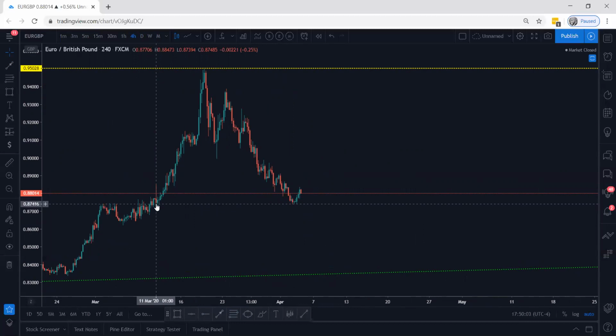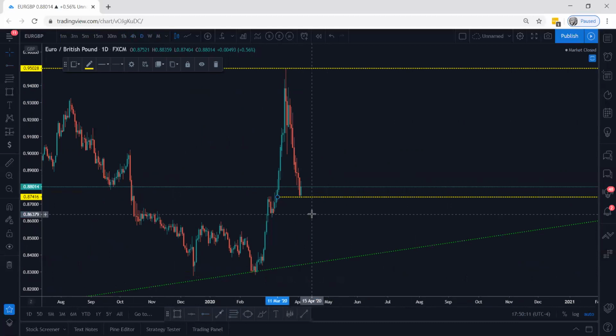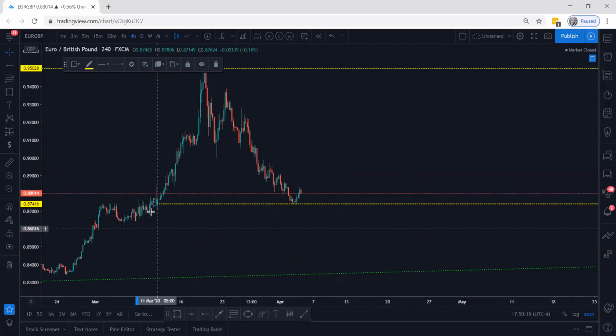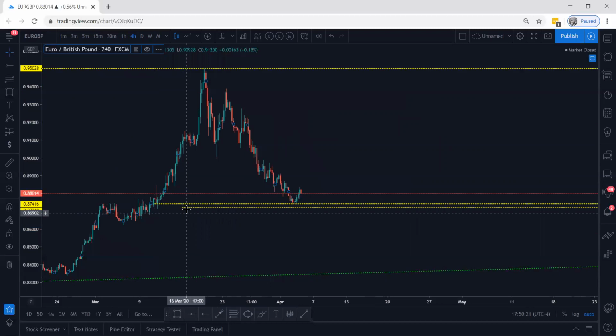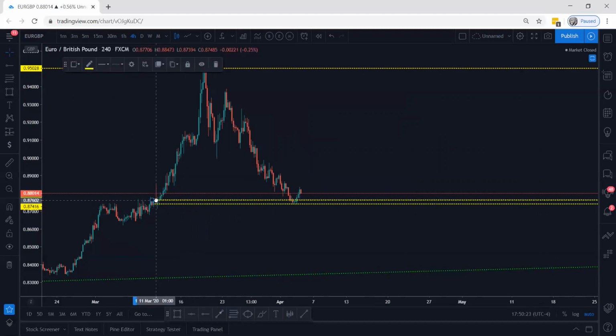So here, these red candles would be engulfed.